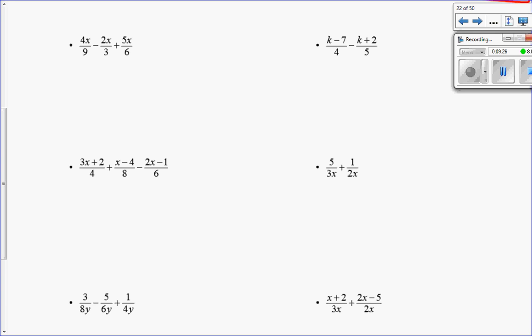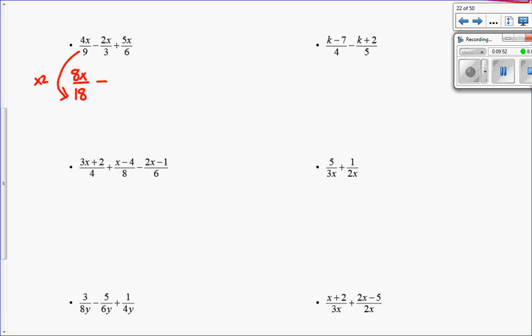Okay, so what I'm really going to do is figure out what I would have to multiply that denominator by to equal 18, and then I have to do the same thing to the numerator. So this 9, to get 18, I would have had to times by 2. So I'm going to do the same thing to this 4x on top. 4x times 2 would be 8x.